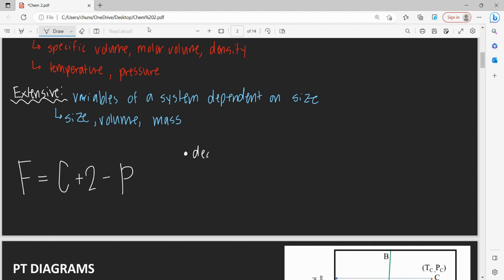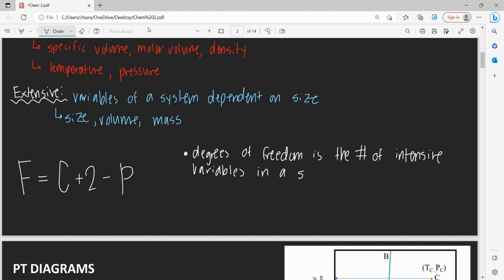So degrees of freedom is the number of intensive variables in a system that can be changed.